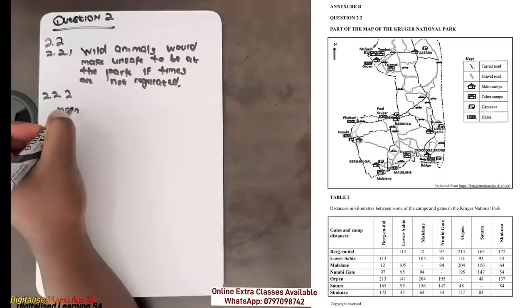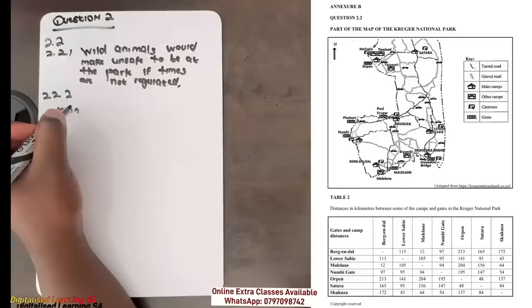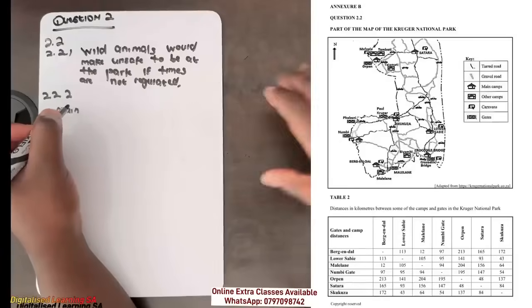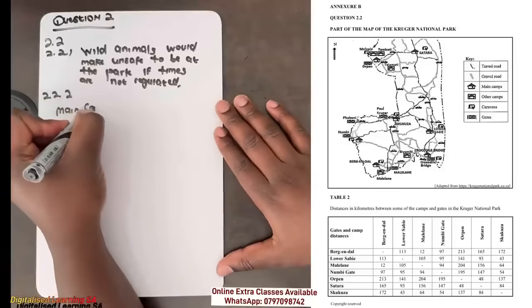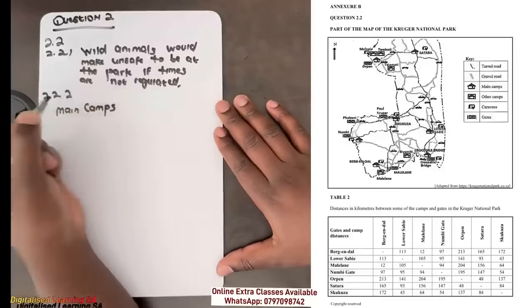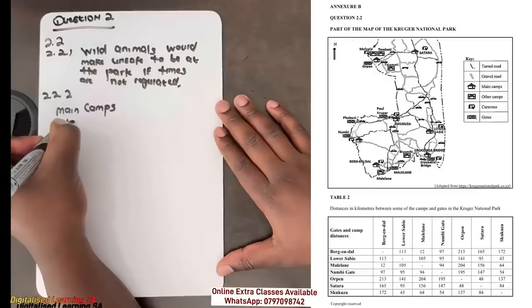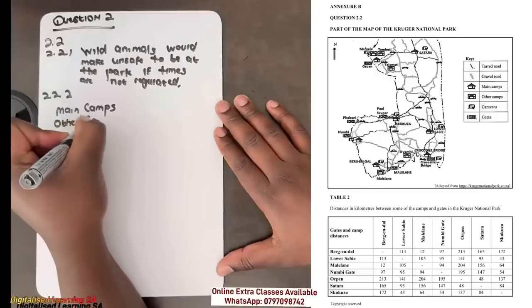The key shows what the main camps are represented by on the map and what the other camps are represented by on the map. So we have main camps and we have other camps.